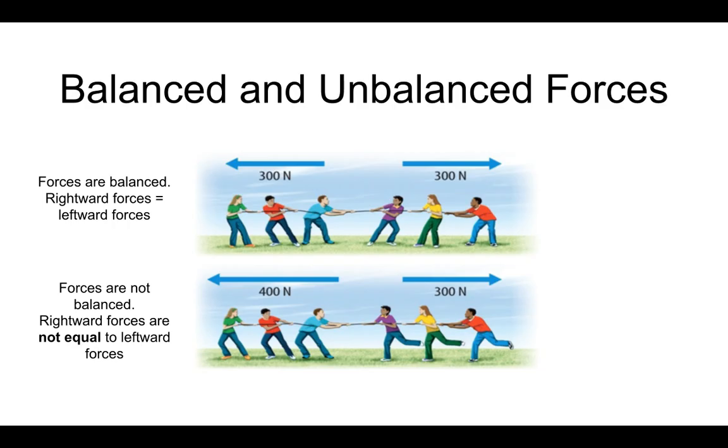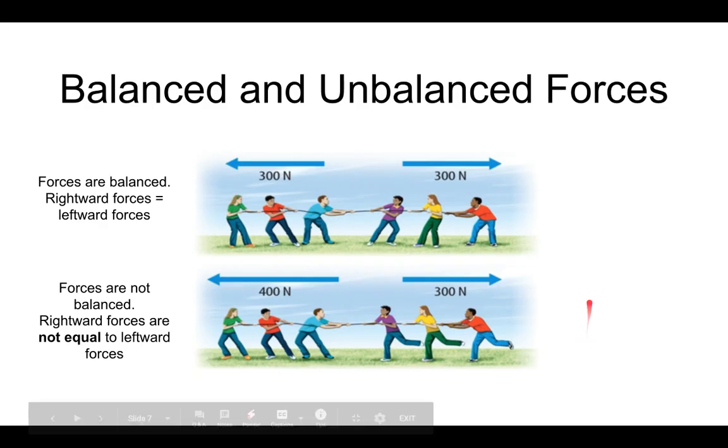So if I asked you, if we look at the bottom picture here, what is the total force, the overall force, what we call the net force? What's our net force here on the bottom? Our net force is actually 100 newtons.